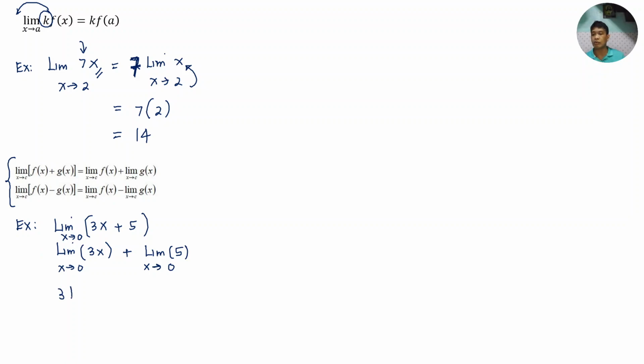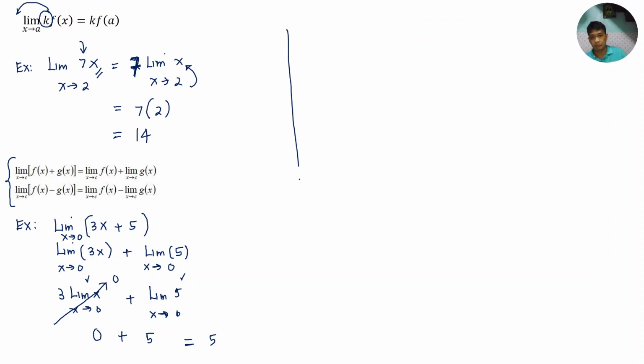So magiging itong 3 limit of x as x approaches 0 plus limit of 5 as x approaches 0. Gagamitan natin ng theorem number 2 at saka theorem number 1. Since as x approaches 0 ito, substitute lang natin sa x yung 0. So this becomes 0, plus yung 5 natin dito since a constant. So, the answer there is equal to 5.